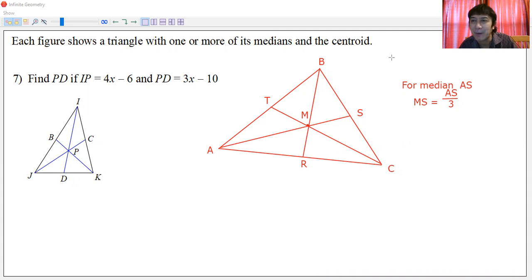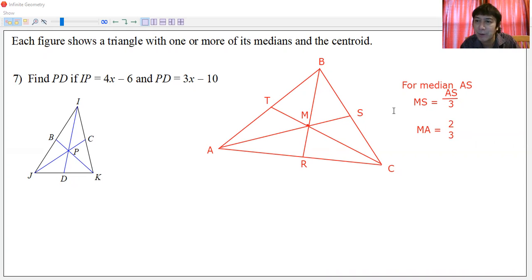How about the MA? MA is equivalent to 2/3 of AS.